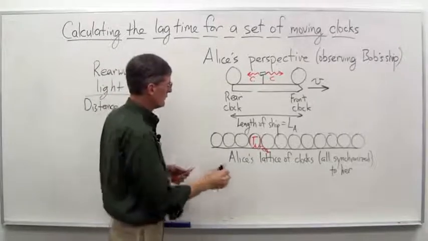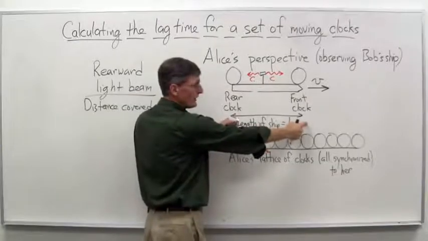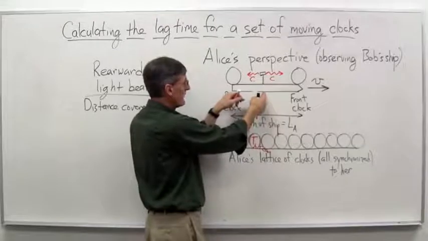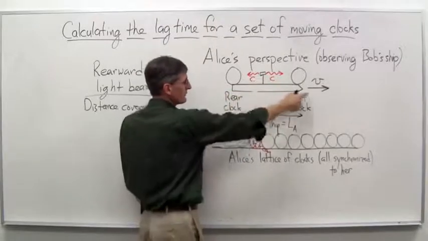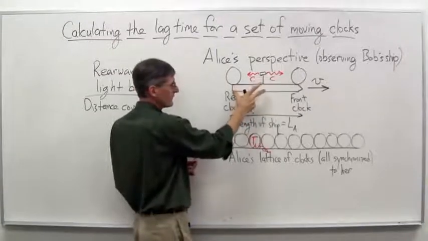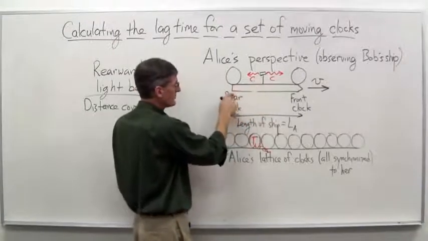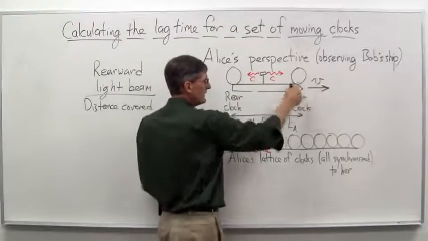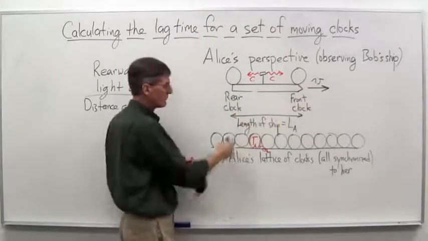Well, we know that the length of the ship is L sub A to Alice, so it's going to cover half the distance here minus the distance the ship itself has traveled. So it's going to be L sub A over 2, the length divided by 2, but the back of the ship has been moving forward here by a value v times whatever time it took to get there.